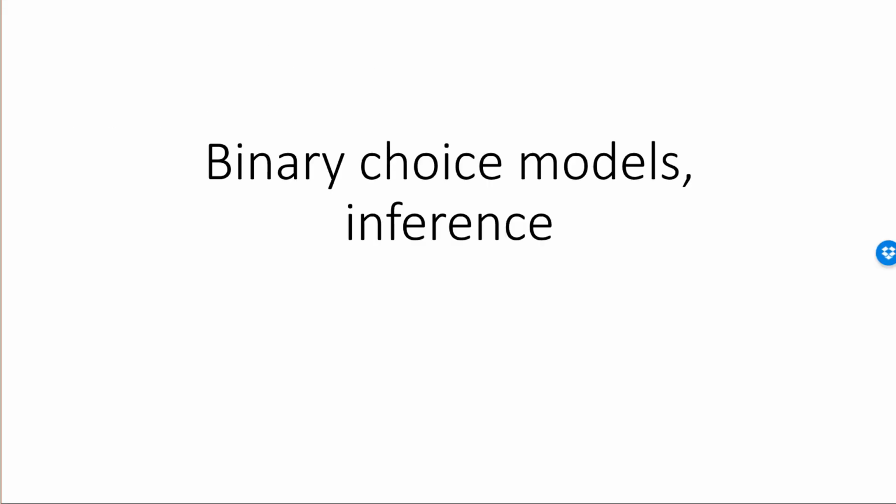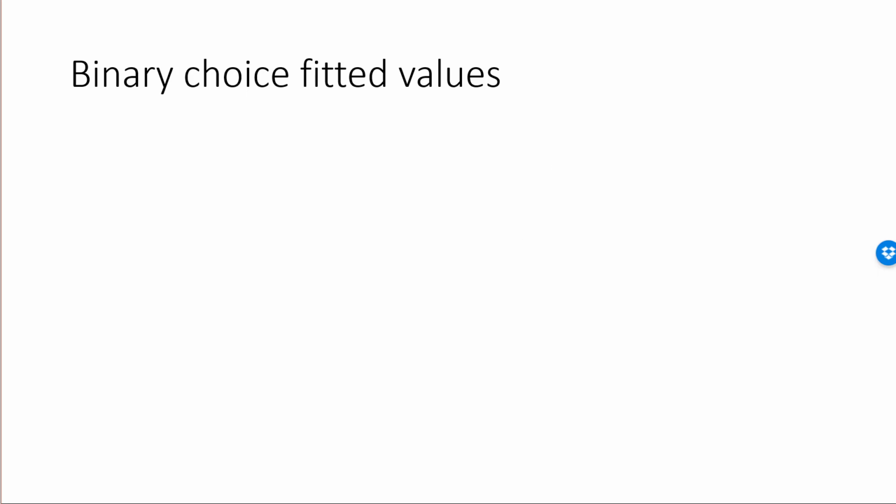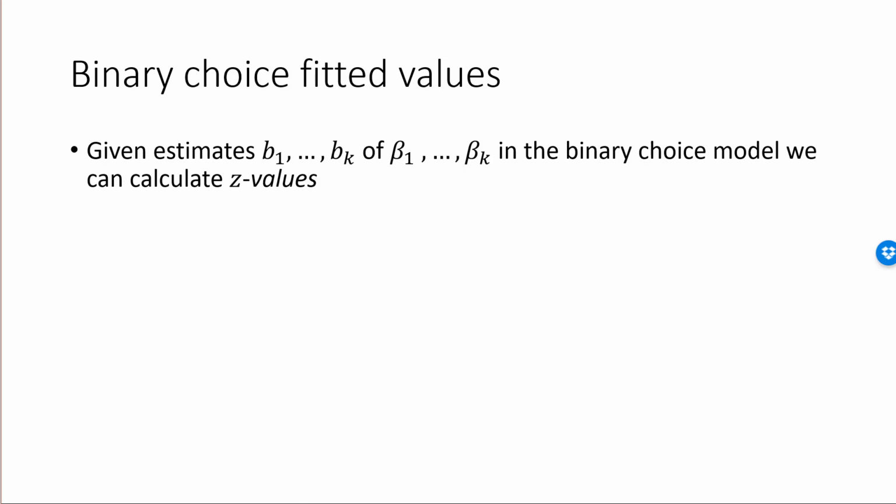So the first thing I want to discuss are the fitted values from the binary choice models. I have now estimates b1 through bk of these parameters beta 1 through beta k in the binary choice model. It doesn't matter if it's probit or logit or even another form of this capital F function.